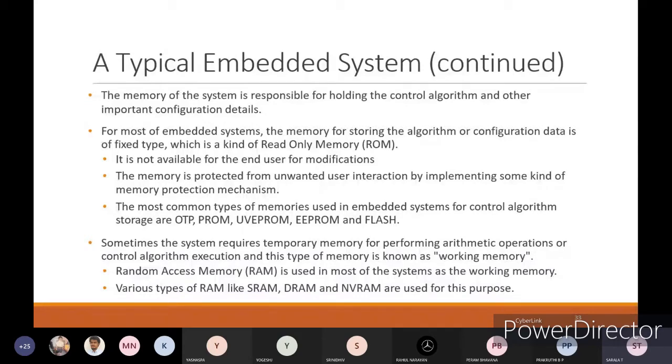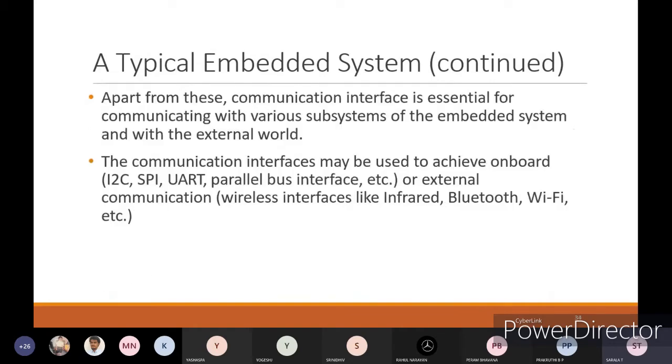SRAM is static RAM, DRAM is dynamic RAM, and NVRAM is non-volatile random access memory.